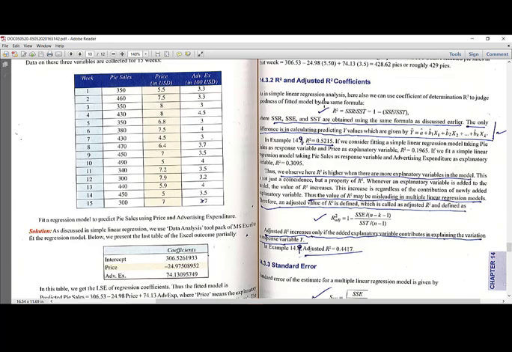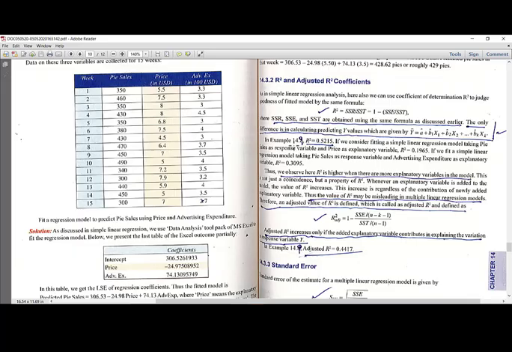As in simple linear regression analysis, in multiple linear regression analysis also, we can use the coefficient of determination R square to judge the goodness of fit by the same formula: R square equals SSR by SST, that is 1 minus SSE by SST, where SSR, SSE and SST are obtained using the same formulas as discussed earlier. The only difference is in predicting Y values, which are given by this equation.